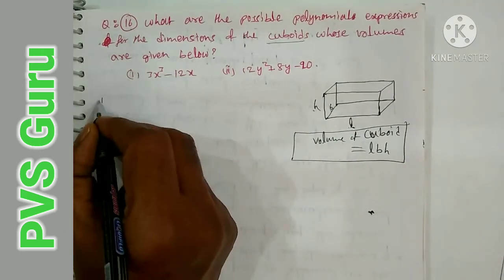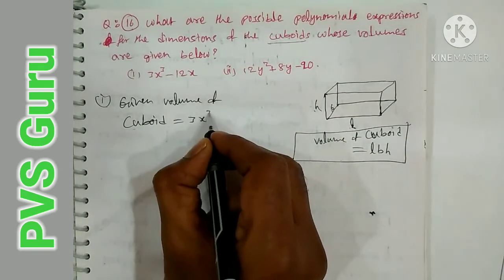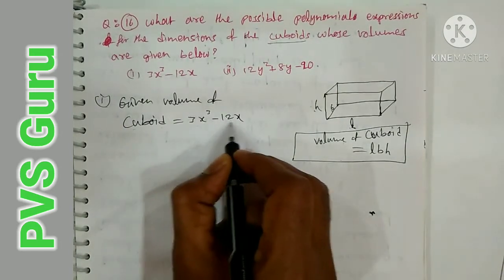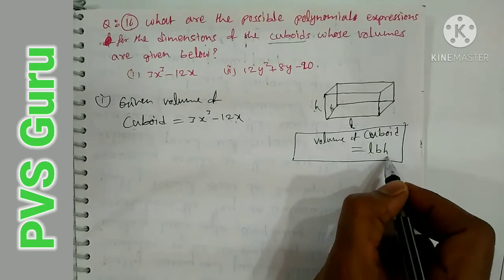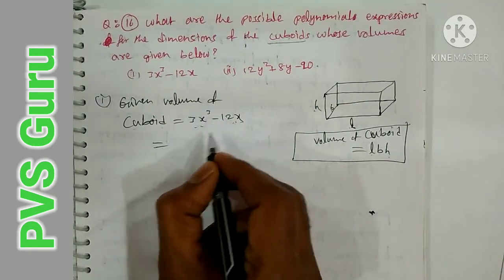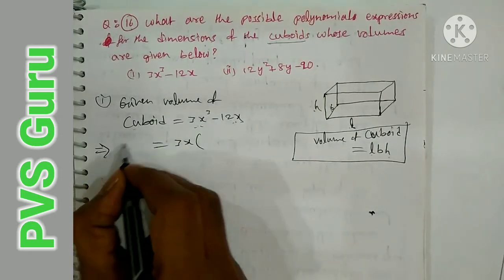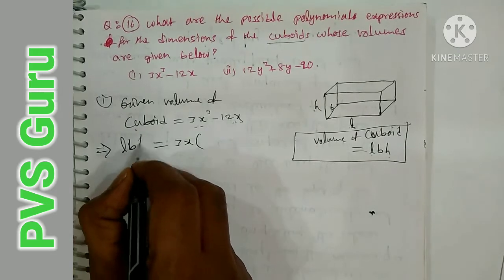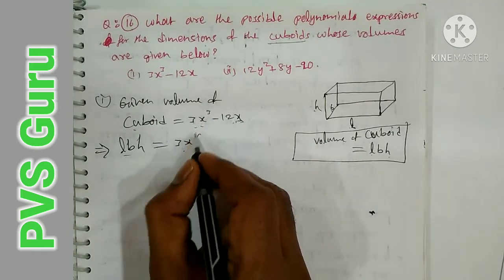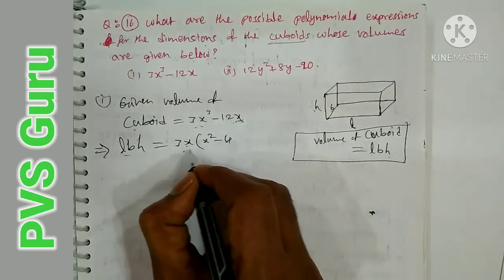Here given, first bit, the volume of the cuboid is equal to 3x cube minus 12x. From this we have to find out length, breadth and height. So this one you simplify. In these two, 3x is common. Volume of the cuboid formula LBH is equal to 3x common, x cube, x is common, x square minus 3 4s are 12, x is common.